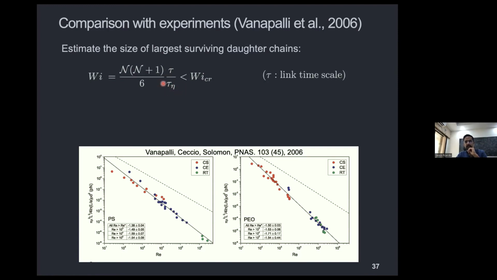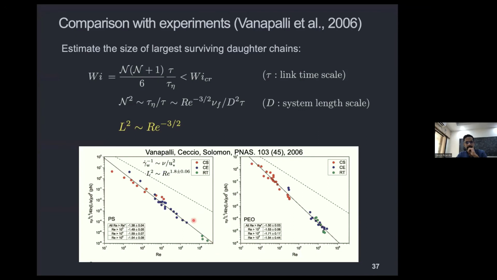I can now relate tau eta to the Reynolds number using usual Kolmogorov phenomenology. And the consequence is that for large enough chains, this numerator is n squared. So n squared goes as tau eta. And if I follow the usual scaling, it means L squared should go as Re to the minus 3/2. And that's exactly this black line, as you see here. So our simulations provide an explanation for this scaling.